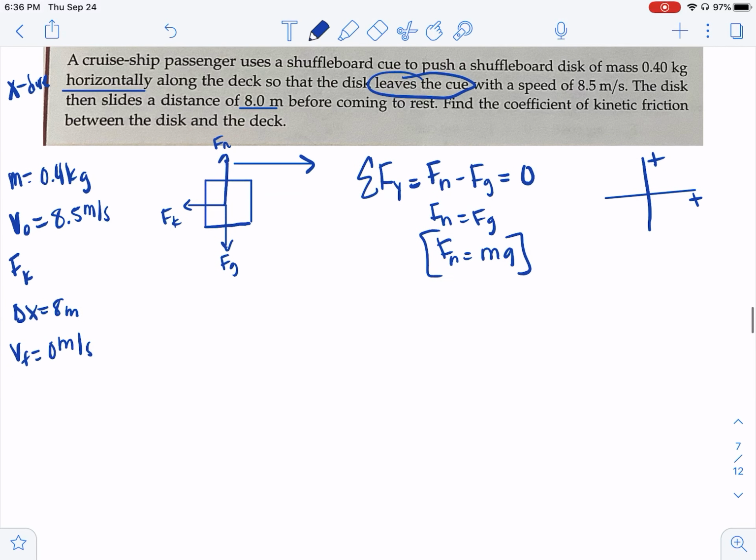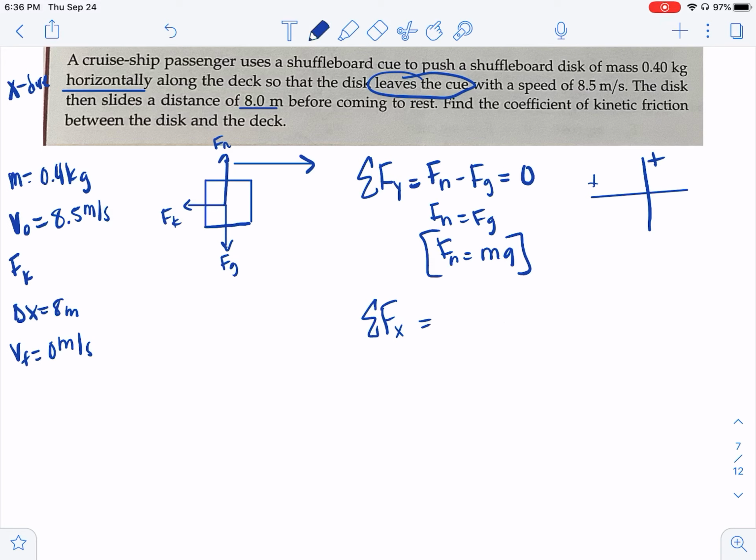Then I'm going to go into the x direction. The only force I see in the x direction is the force of kinetic friction. Because my box is moving this way, but the acceleration would actually be this way. So you know what I'm going to do? I'm actually going to come over here and make positive in this direction so that they go in the same way.